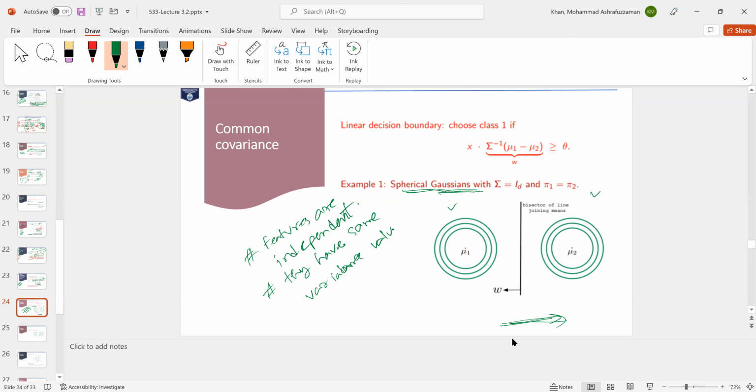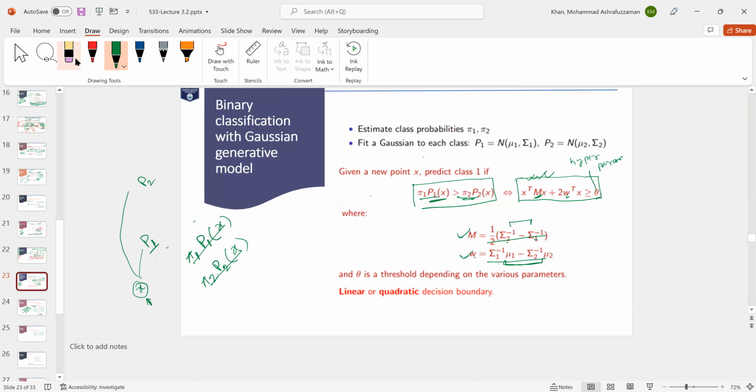Now for this spherical Gaussian, if we take the contour plot, it will look like this. Now their decision boundary should be linear. Why? If we look at these 2 terms, the M, so we are taking the spherical Gaussian.